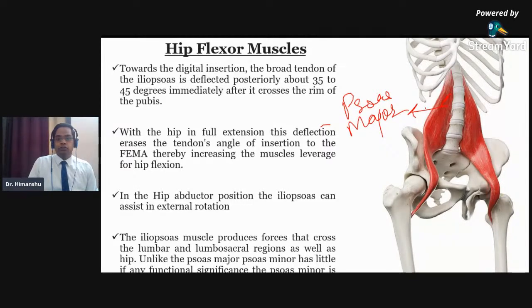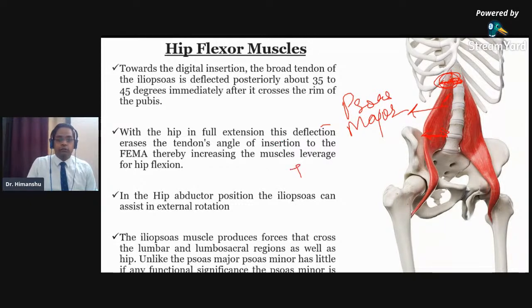Whenever you see from the site of origin, its cross-sectional area is not too much. It is pretty close to the vertebrae or to the site of attachment. But as we go down to the lower lumbar vertebra, it has a little more distance. So I would like to drag you to yesterday's class. We saw that to carry out every movement, a muscle needs to generate some amount of torque.